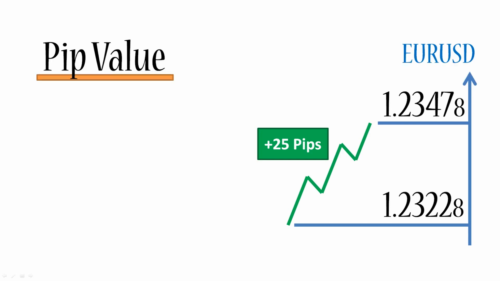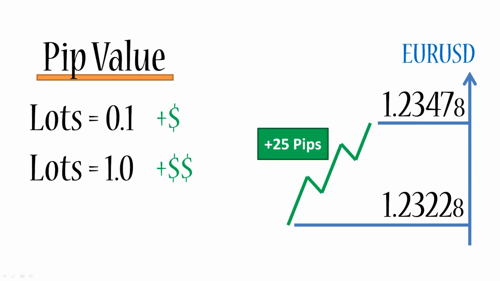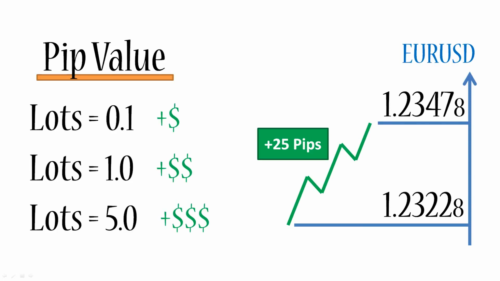If our buy order had a volume of 0.1 lots, then we got a certain amount of profit from this transaction. If our buy order was 1.0 lots, then we got much more profit. In fact, 10 times more profit. If our buy order was 5 lots, then we got even more profit, 50 times more than in the original case. So that is exactly what we mean when we say that Pip value is both a function of how much the currency pair has moved and how much you have invested into this particular trade.